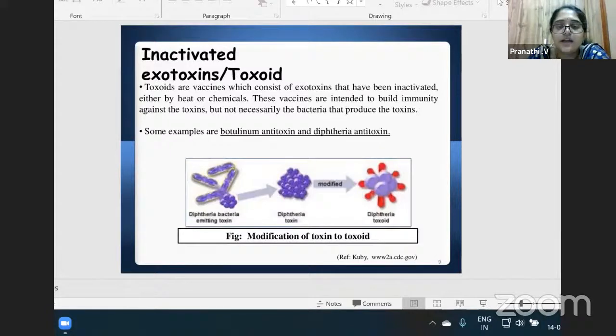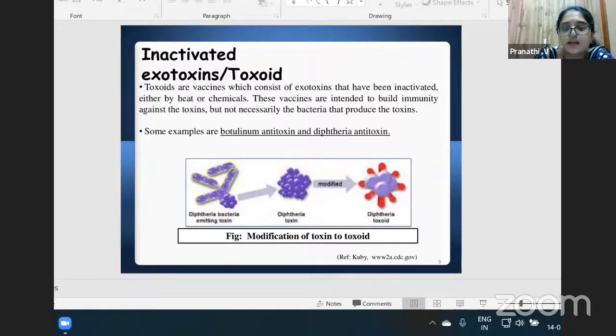It can be inactivated exotoxins, or endotoxins, basically exotoxins. They are inactivated, heat killed, or chemically treated so that they get totally inactivated. These vaccines are used to build immunity against that particular toxin. You don't need the bacteria that produce this particular toxin.